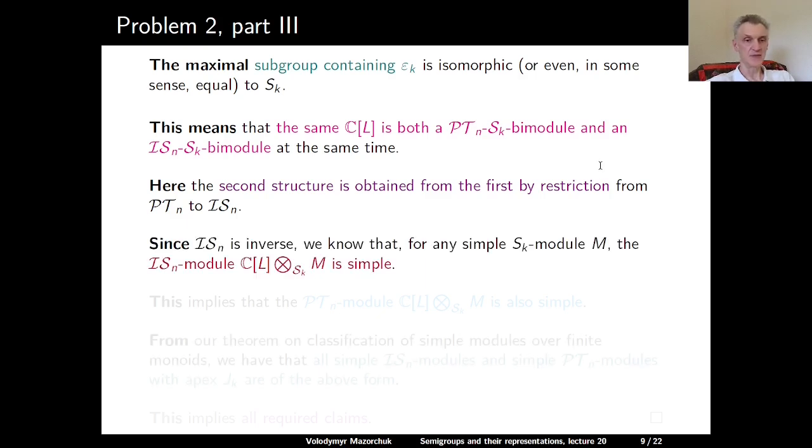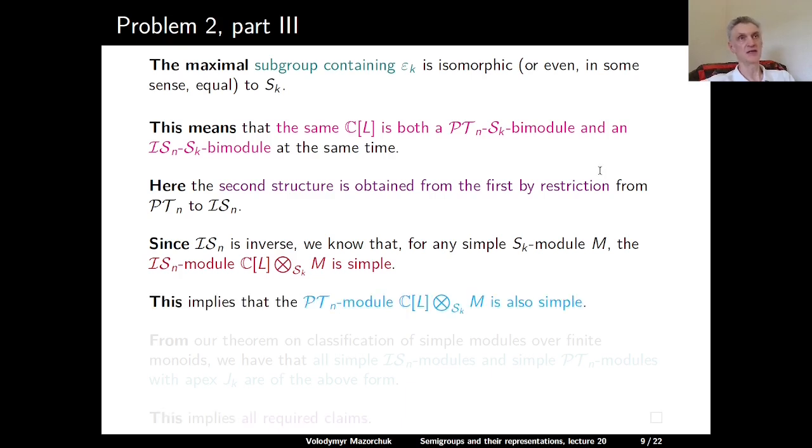Since ISn is an inverse semigroup, we know that for any simple Sk module M, the corresponding induced module, so when we tensor over Sk our module M with the linearization of our left class, this tensor product is a simple ISn module because ISn is inverse.